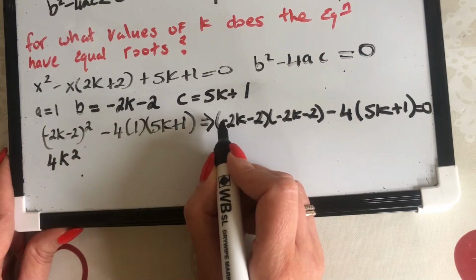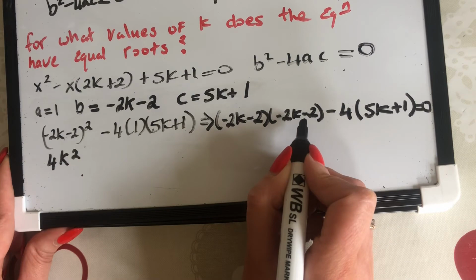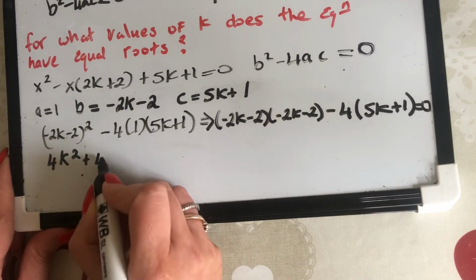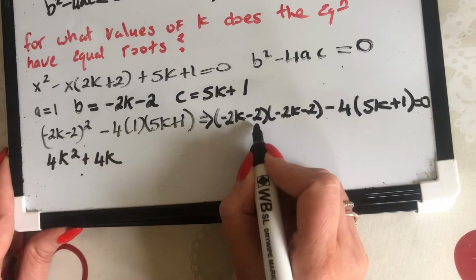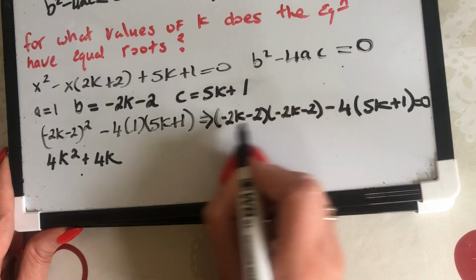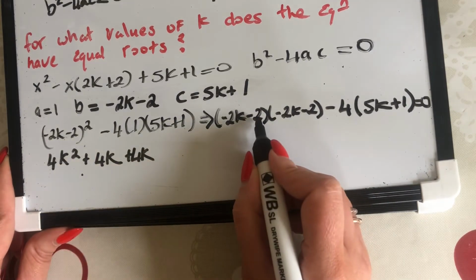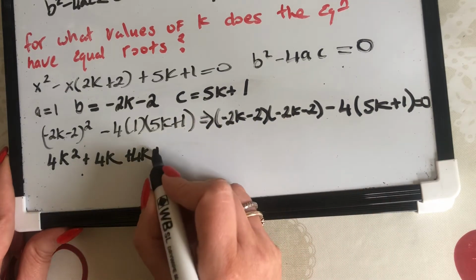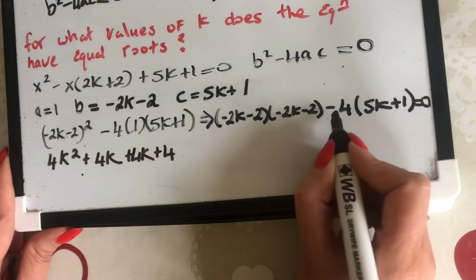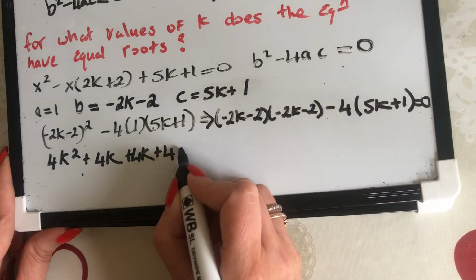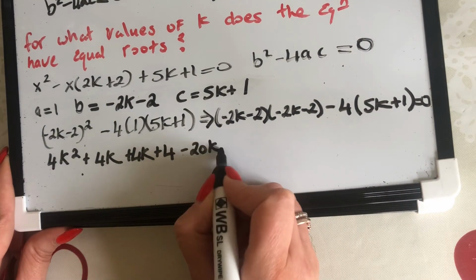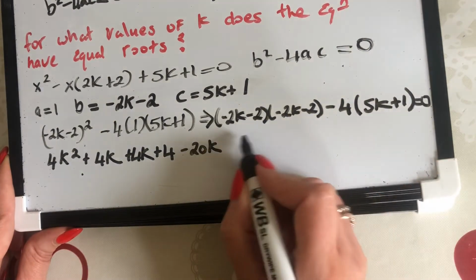Minus 2k by minus 2 is plus 4k. Minus 2 by minus 2k is a plus 4k. And minus 2 by minus 2 is plus 4. Minus 4 by 5k is minus 20k. And minus 4 by 1 is minus 4.